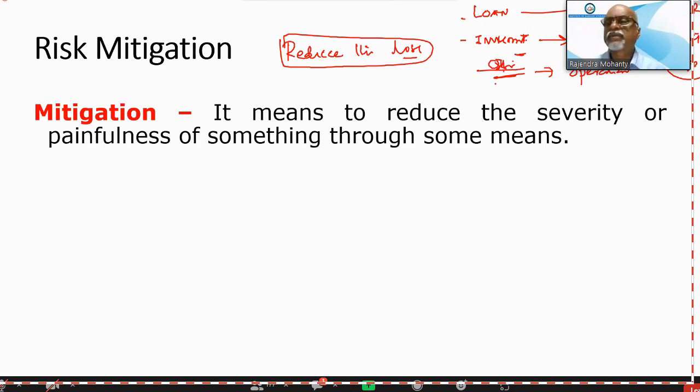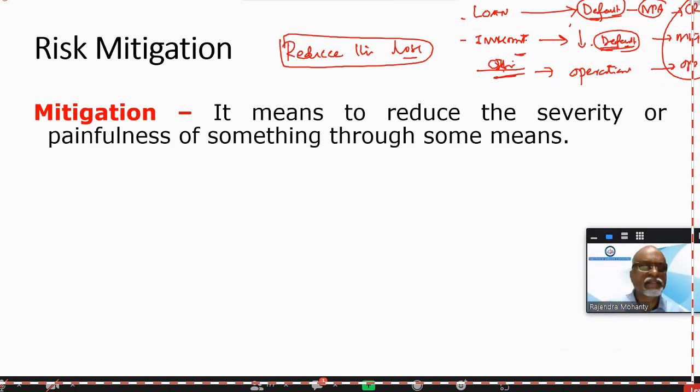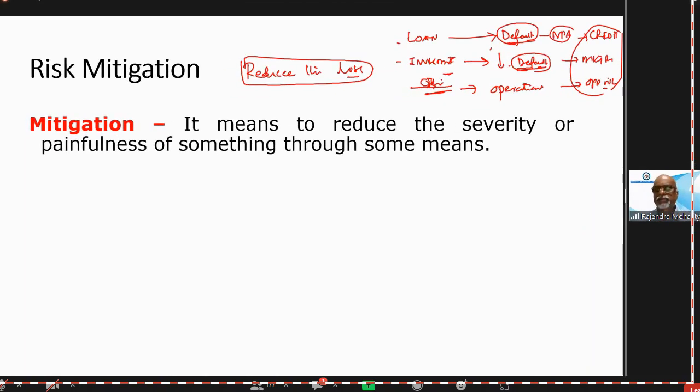So how to reduce the loss in credit risk? Can somebody tell me what banks are following to compensate the loss in the loan portfolio? By taking security. Very good. So basically, we obtain security while we give a loan.